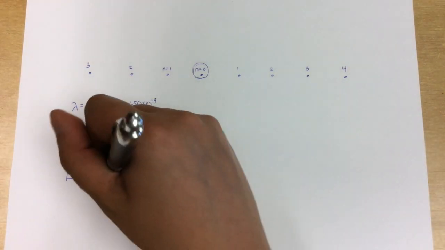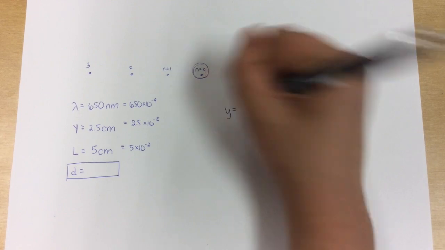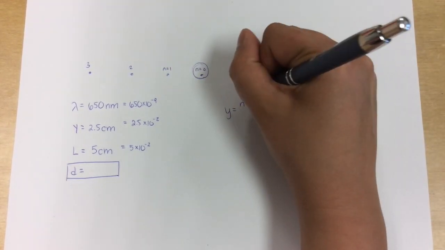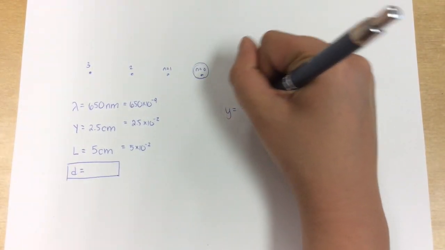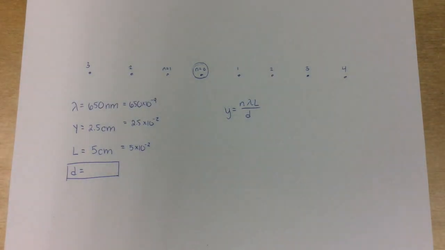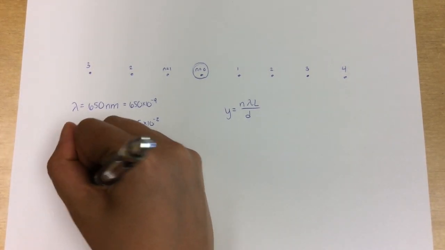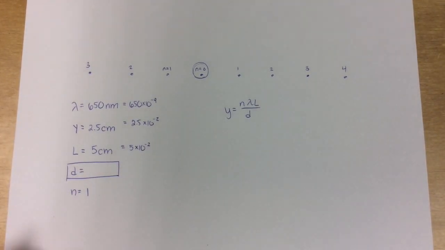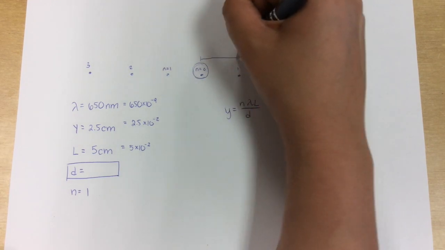From there, I'm going to solve for D using this awesome equation here. Don't know if you noticed this, but I put in here n equals 0. Oh, my bad. N equals 1 because I had measured this distance right here.